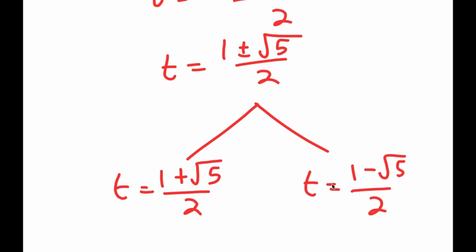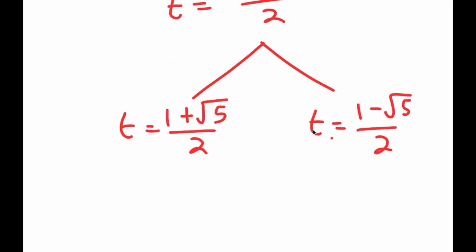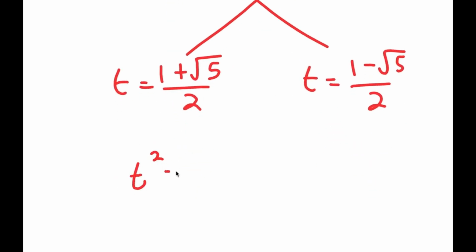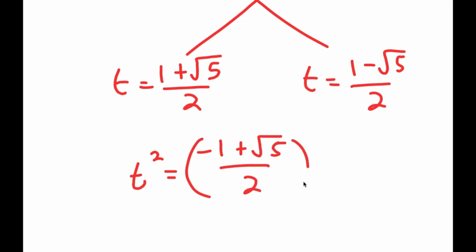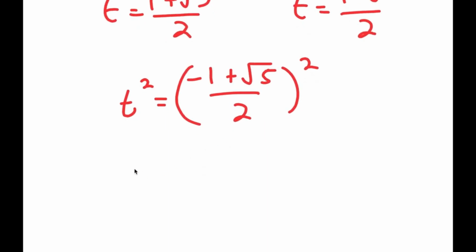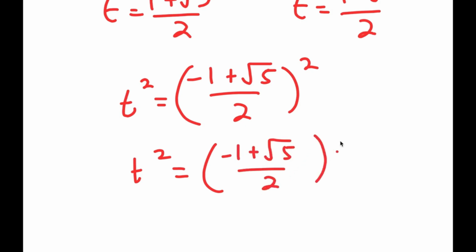Now, this means that t squared is going to equal negative 1 plus the square root of 5 over 2 squared. And this is the same thing as negative 1 plus the square root of 5 over 2 times negative 1 plus square root of 5 over 2.